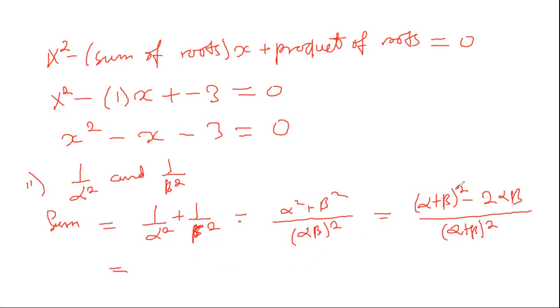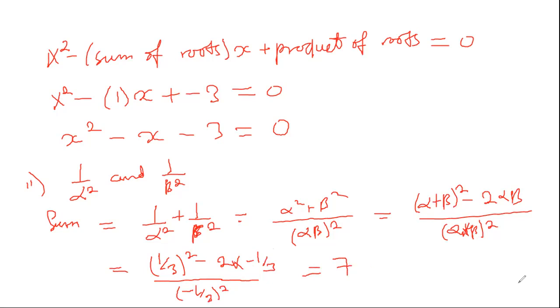So alpha plus beta was 1 over 3, squared, minus 2 times negative 1 over 3, and divide by negative 1 over 3 squared. When we use a calculator, we have seen that this one is going to give us a 7.